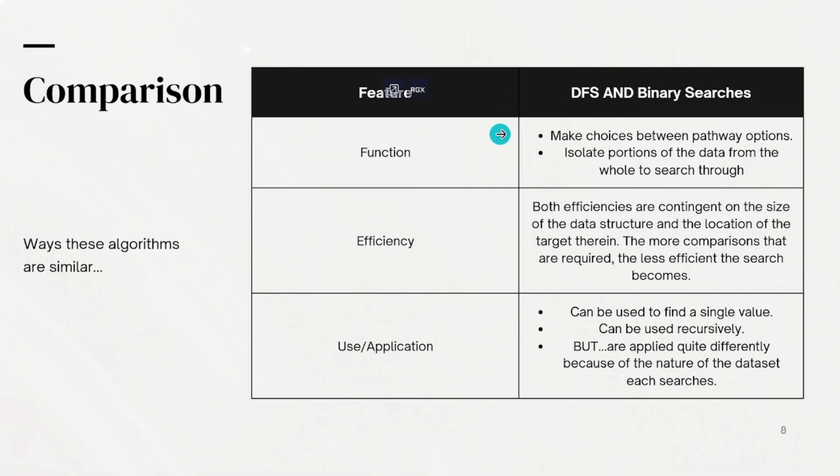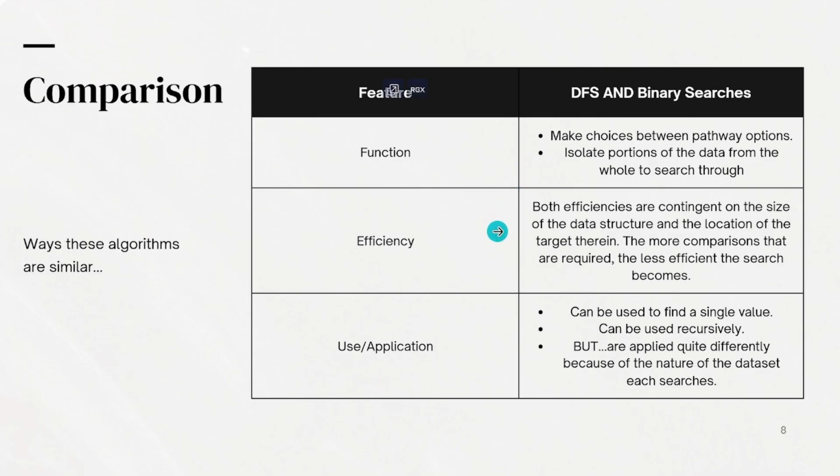When it comes to function, DFS and binary searches both have to make choices between pathway options, whereas the binary search is choosing the upper or lower half of an array, and the DFS is choosing which branch it wants to traverse based on what has been covered so far. They also both isolate portions of the data from the whole so that they can search through that portion rather than considering the entirety all at once.